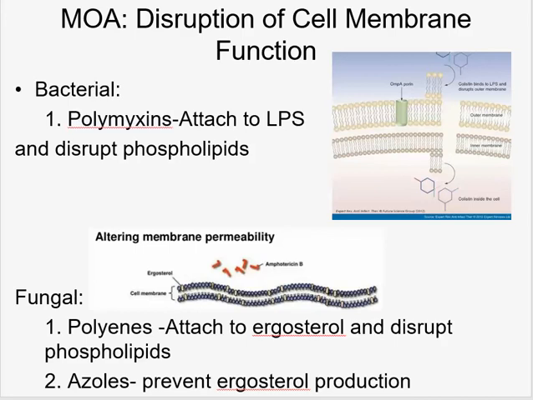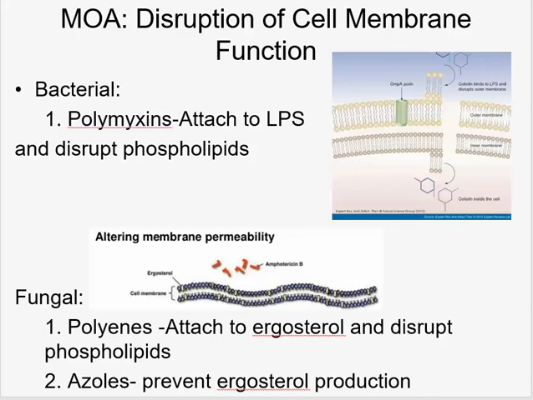And then there's another very effective group of antifungal drugs called the azoles, and they prevent the production of that ergosterol molecule. So this vital molecule is missing from the fungal membranes. So the polyenes punch a hole in the membranes that are already there, and the azoles prevent the production of this vital molecule for future membranes.